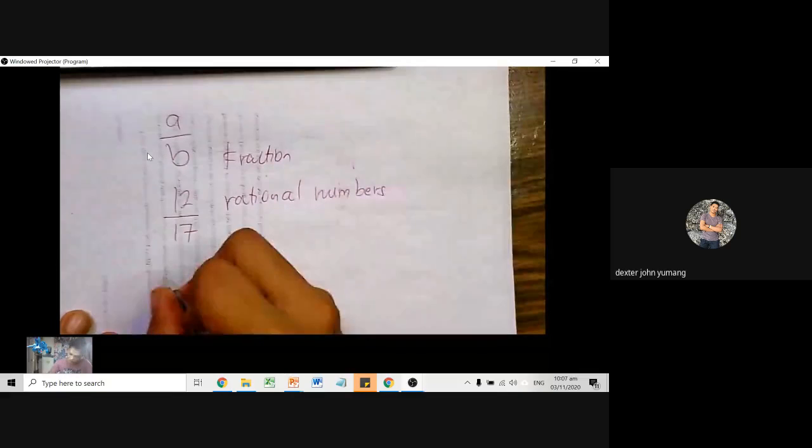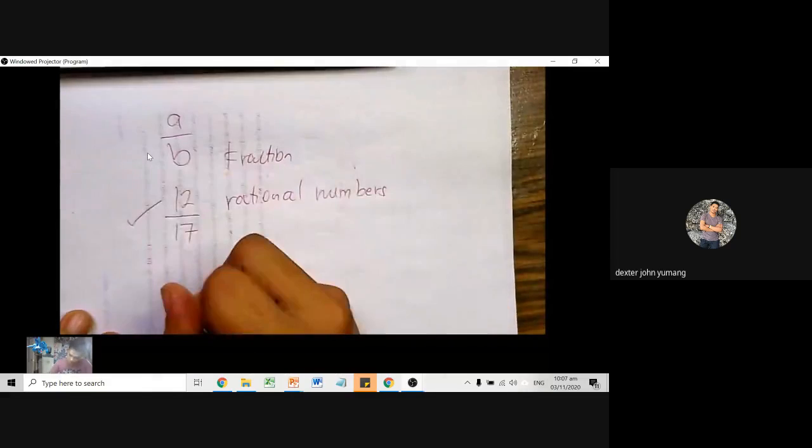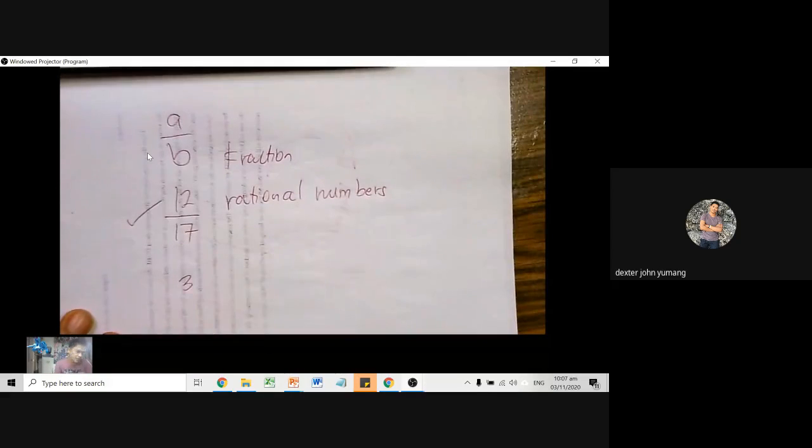Now, what about this example? 3. Is this a rational number? Yes or no? Type on the chat box. No, sabi ni Matthew. Chester, no. Carl, no. Arola, no. So, is this?